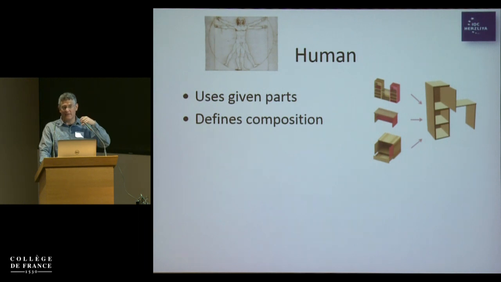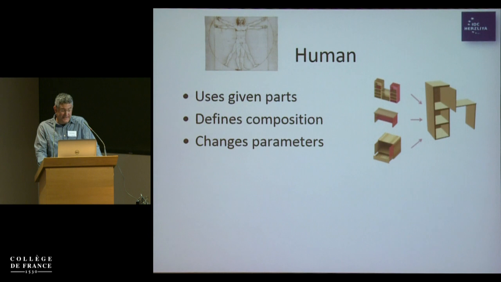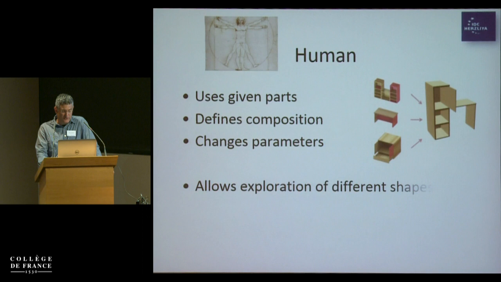Again, it's not something that's made automatically, but someone thinks about how to model the specific furniture or other things. The human can change the parameters, so basically make things larger or smaller, and automatically the constraints between the different parts are preserved. And it allows the exploration of various different shapes, which is what we wanted to begin with. We wanted inspiration in some sense.